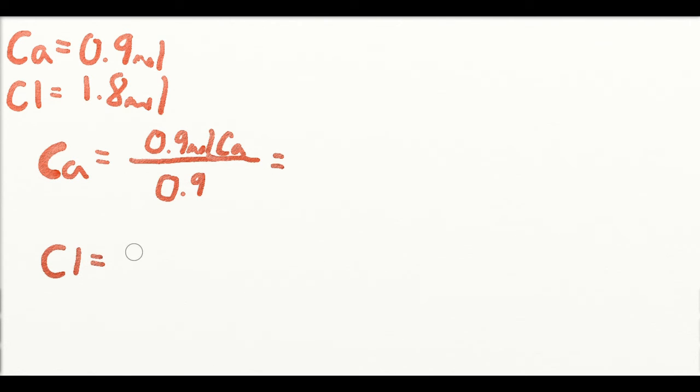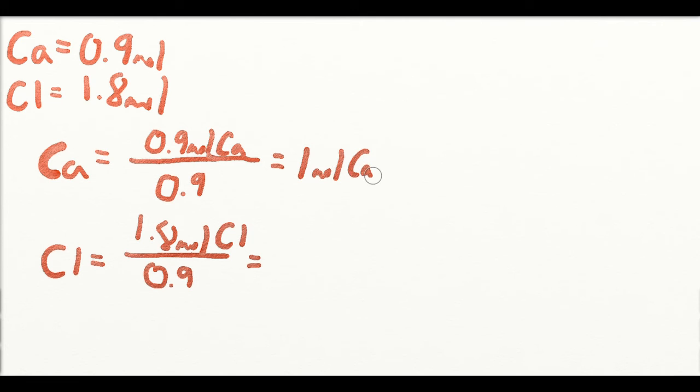But instead of putting 0.9 on top, we're going to put 1.8 mole of chlorine. And on the bottom, we're going to put 0.9 again, because it is the smallest value. So 0.9 over 0.9 should give us just 1 mole of calcium. And the other one is going to be 1.8 divided by 0.9, which should give us an answer of 2 moles of chlorine.